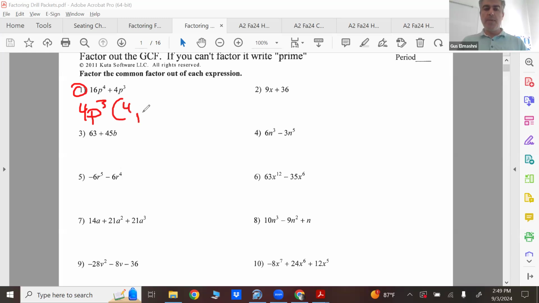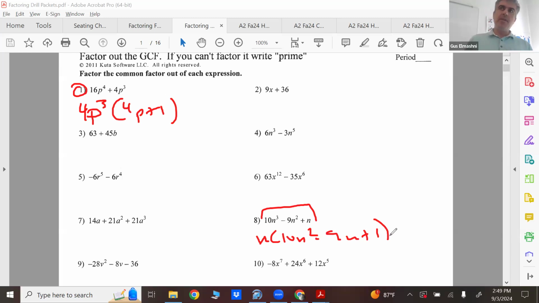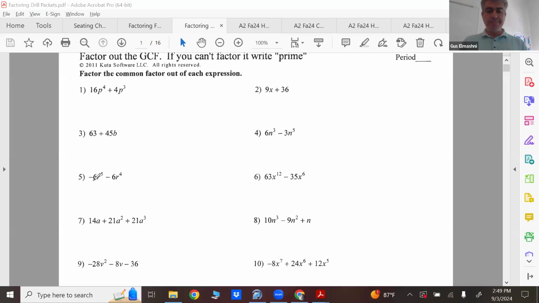So that'll be 4p plus 1. Or for number 8, what's common among all 3 of these? And pull it out. Thank you, Aiden. And remember, if you completely pull a letter out, you have to leave behind a 1 because you have to make sure that you get the original back when you distribute back in. Okay. I think we're good.